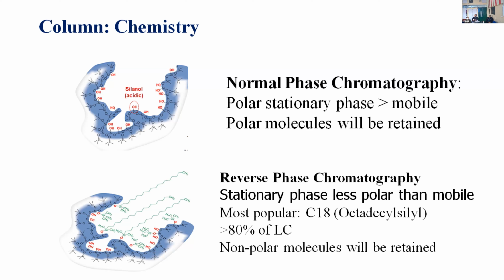Normal phase is converted to reverse phase by using non-polar carbon chains. Here, we always say C18 column or C8 column. C8 or C18 means the silica molecules are capped with a C8 carbon chain or 18 carbon chain. These carbon chains make it less polar, and so it is called reverse phase chromatography.